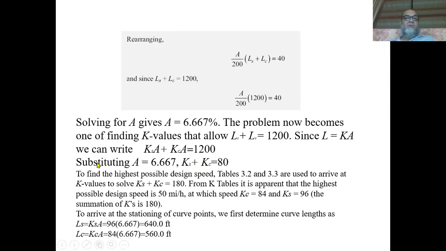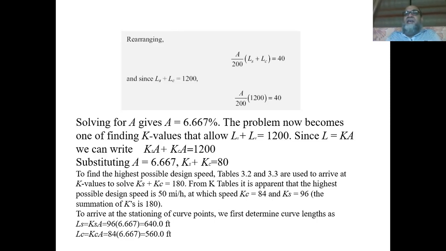So we find Ks plus Kc is equal to 80. Now, to find the highest possible design speed, we have to take the values of Ks and Kc in such a manner that the total becomes 180. So this is a trial and error. We take one design speed, say for instance we start with 30 miles per hour.